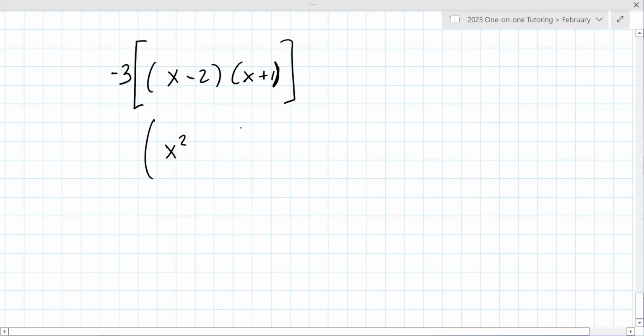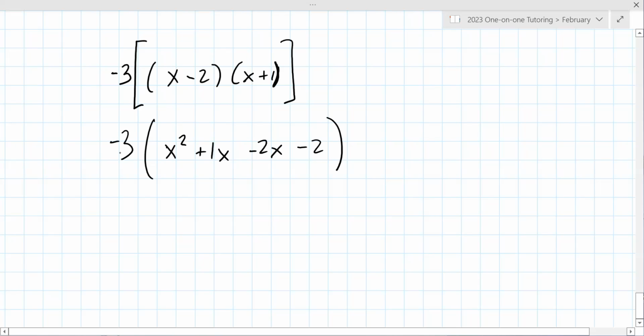Outer, and that would be 1x, and then inner would be -2x. Good. And then last would be -2. Good.